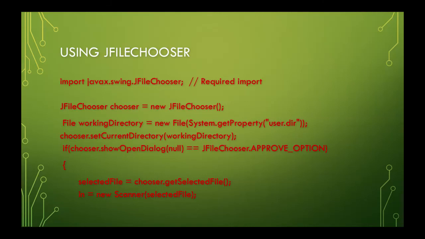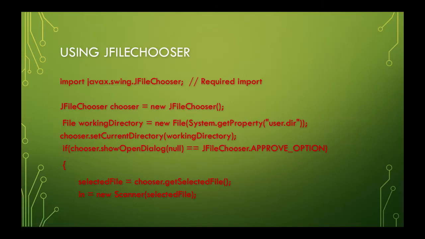Okay, now the next part of the syntax is a little bizarre, but basically what happens is when you show the dialog for the JFileChooser, which is this first part in the if statement, that's actually a command. So chooser.showOpenDialog will display the file chooser.